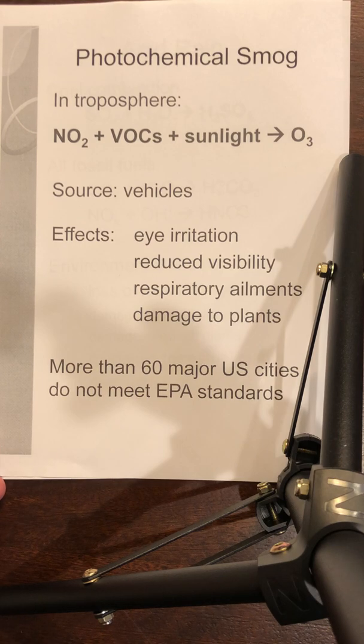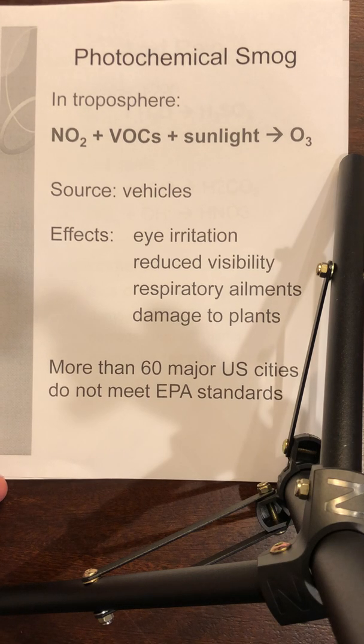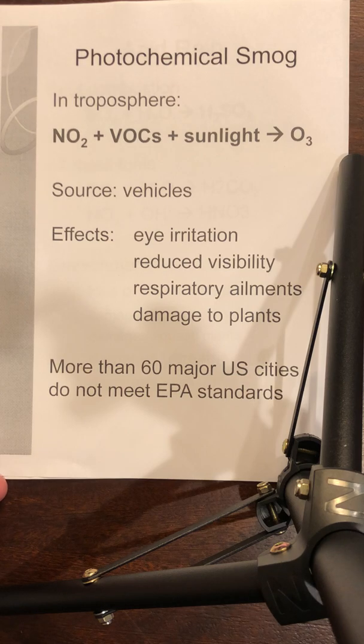Now, in some rural areas of our country where hydraulic fracturing is occurring, because methane is a VOC, we're seeing photochemical smog levels almost to the same degree that we're seeing in big cities. And this is resulting in loss of crop productivity in those areas.